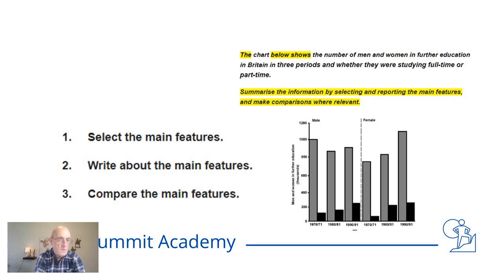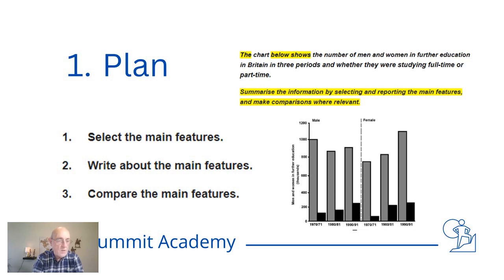Select the main features, write about the main features, and compare the main features. Nothing more and nothing less. And again, no opinions. You don't have to give any reasons for what you see or analyze it in any way. Okay, so let's get started.